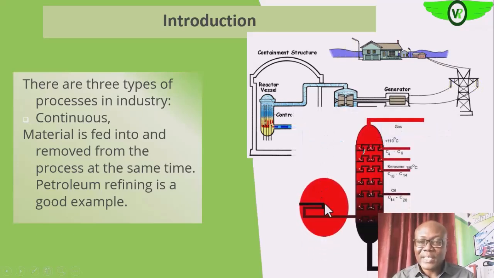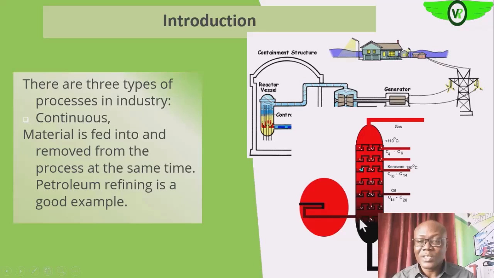Then also, like in the refining, the distillation process is also a continuous process. So you see in it that we continually feed in crude into the distillation column and continually take out product at the various draw off points. Okay, so you see that the crude is first preheated in the heater. It is heated in the heater and then it is sent into the distillation column as you can see.